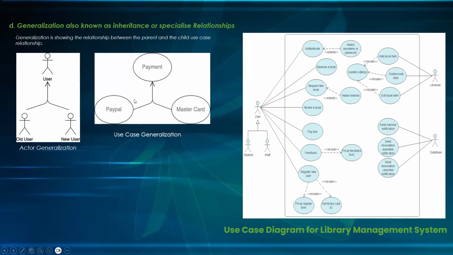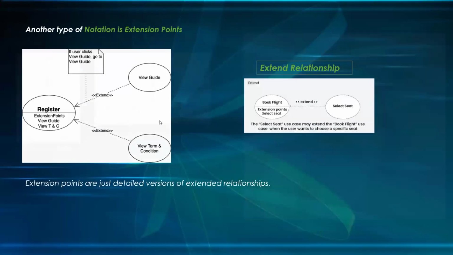So the same thing goes for payments. You can do the same thing with the payments. Types of payments. Payment is simply the generalization. Then if you are now breaking payments down into other parts, say transfer or PayPal or MasterCard, that now becomes the specialized relationship.